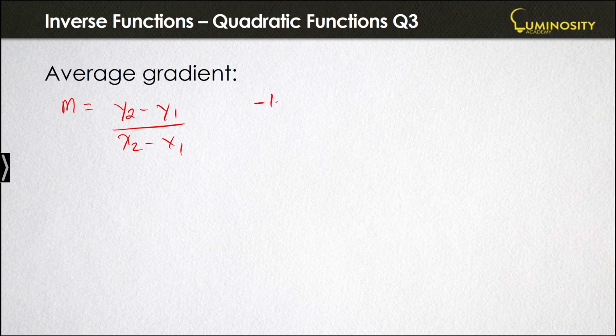So we have negative 1/3 minus 0 over negative 1/3 minus 0. The zeros can go away, so we have negative 1/3 over negative 1/3. Negative signs can go away, but we can see right here that we're dividing something by itself. So that means that our average gradient is equal to 1.